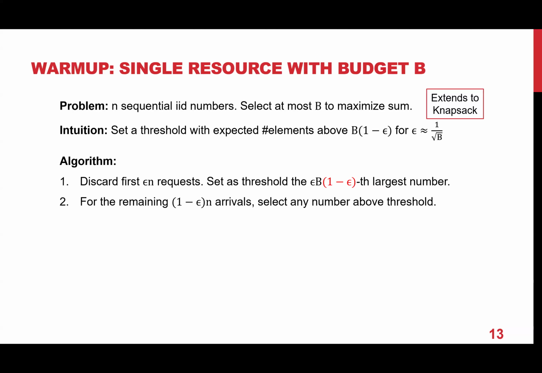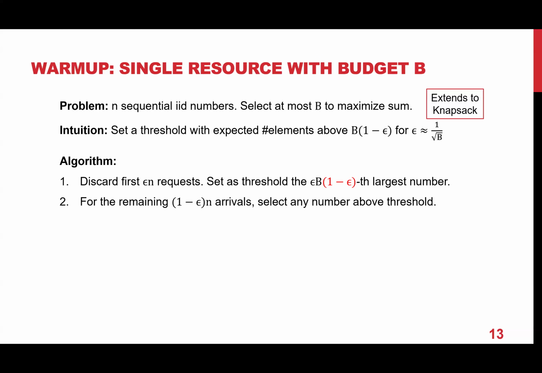Use this small first epsilon fraction to estimate the Bth largest number, or the B times 1 minus epsilon largest number. Learn some decent approximation of that, and then set that as the threshold for the rest of the 1 minus epsilon fraction of the time. That's precisely this first algorithm. The algorithm is: discard the first epsilon n requests, and set a threshold.